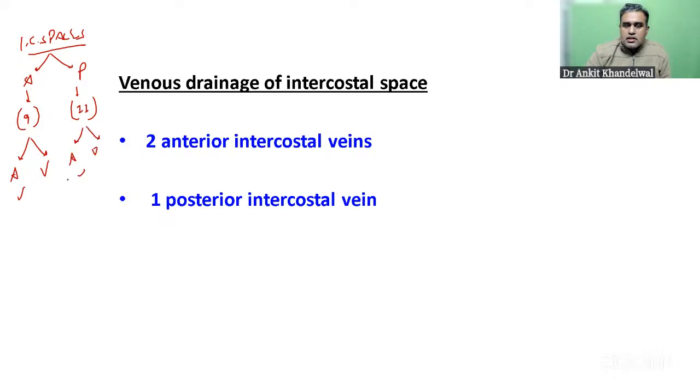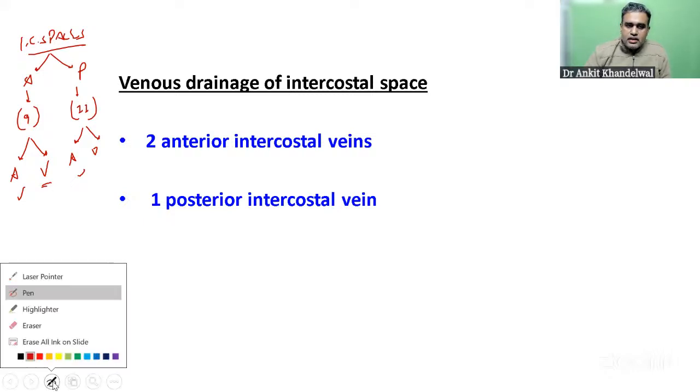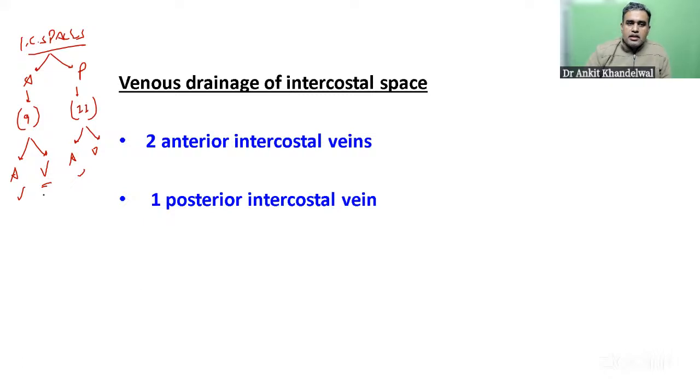Arteries we discussed yesterday. Regarding the veins lying in the anterior intercostal spaces, the anterior intercostal veins ultimately go to the internal thoracic vein, and from there they go to their respective brachiocephalic veins and ultimately into the SVC.